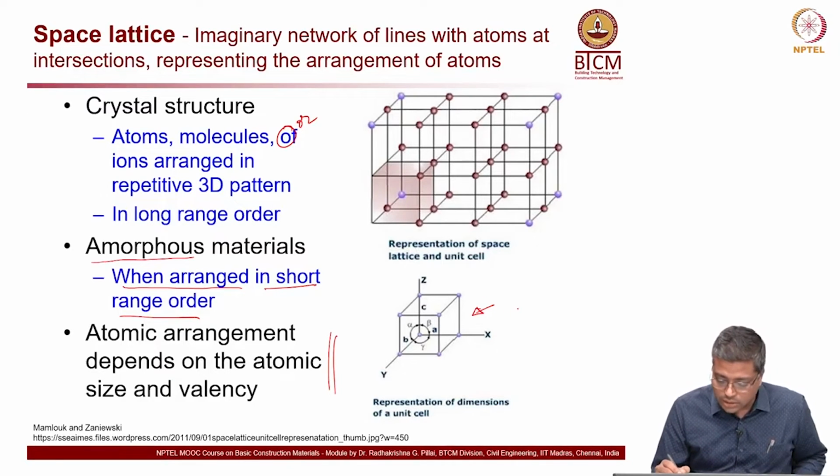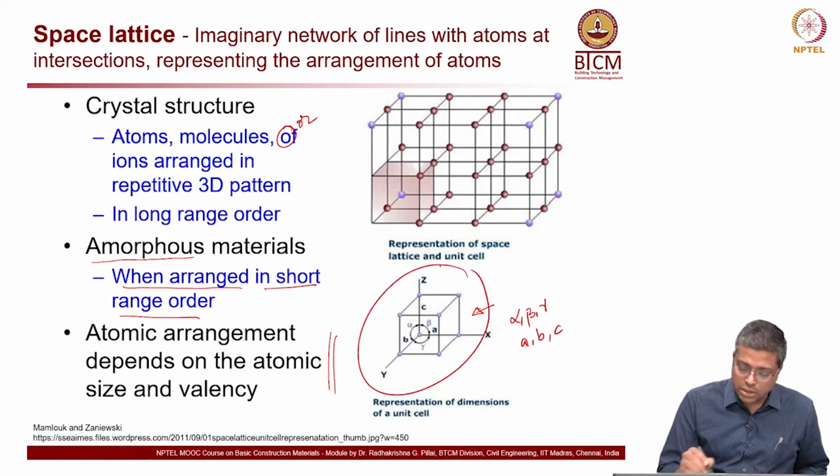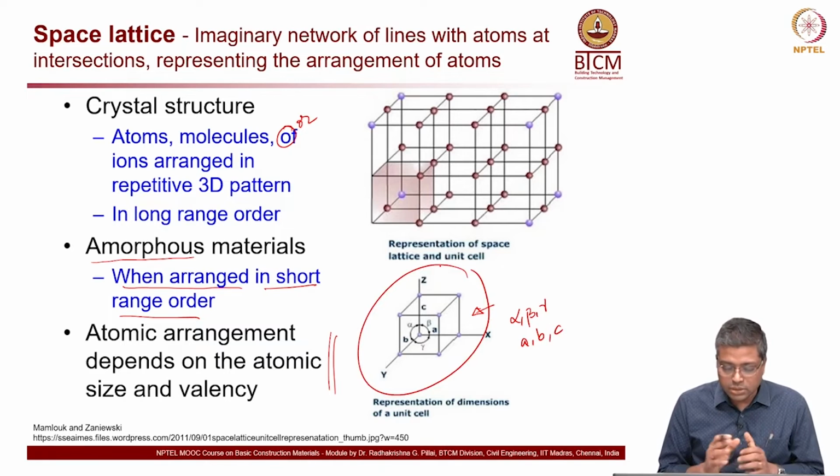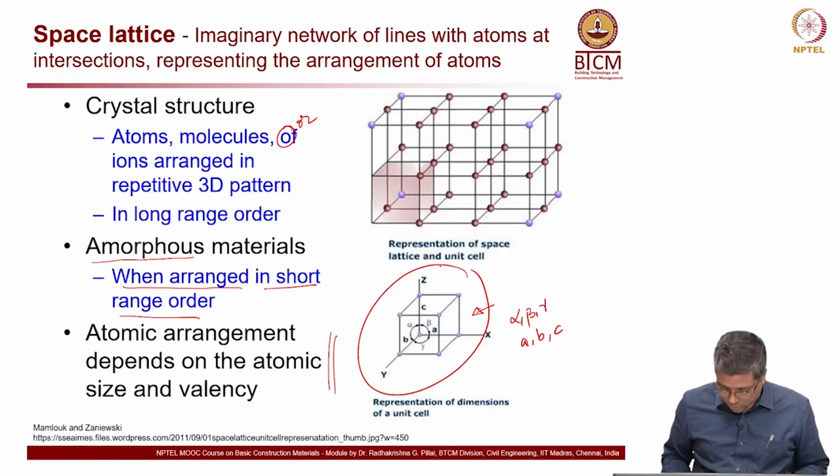So, the angles you can say alpha, beta and gamma, and the dimensions are A, B and C, as you see in this sketch here. So, this is essentially the building block for any metal which we talk about.